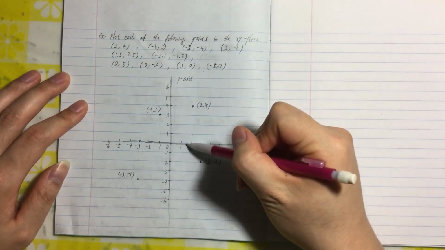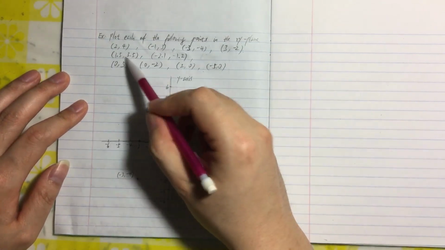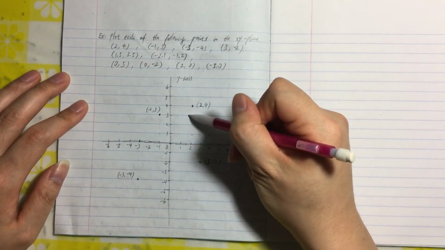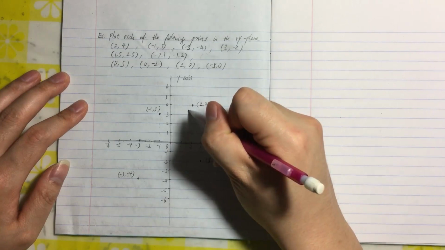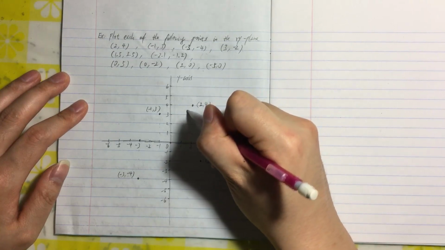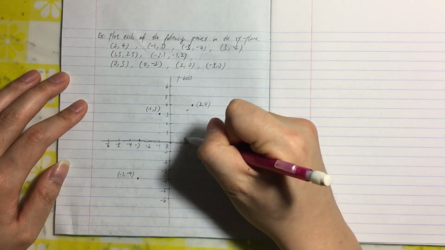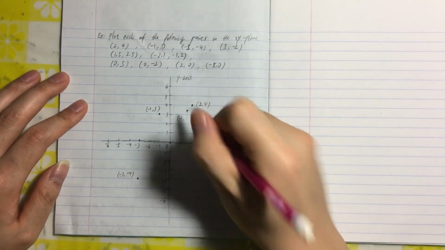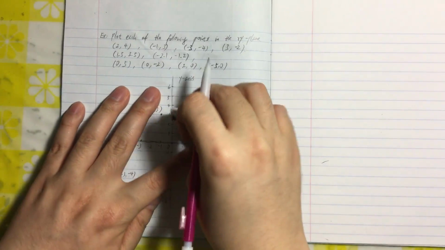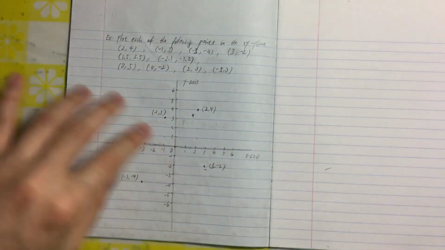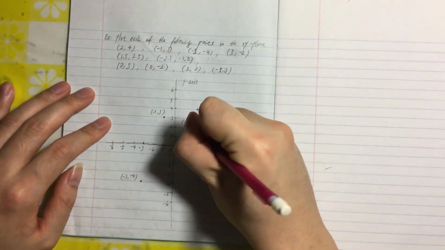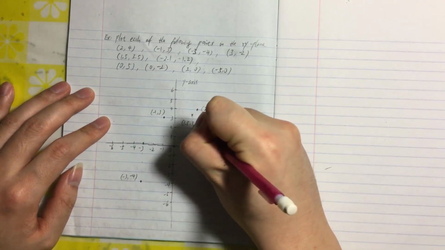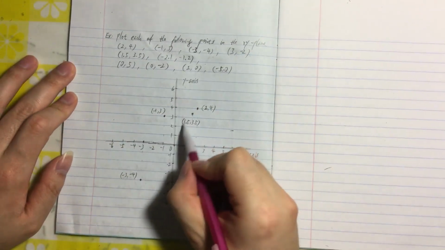The y coordinate is 3.5, so go up by 3.5. 1, 2, 3.5. So that's the point (1.5, 3.5).